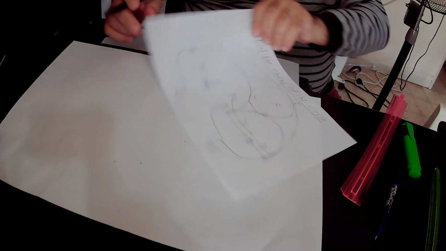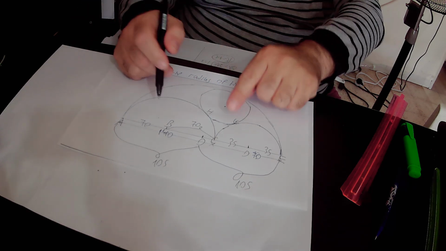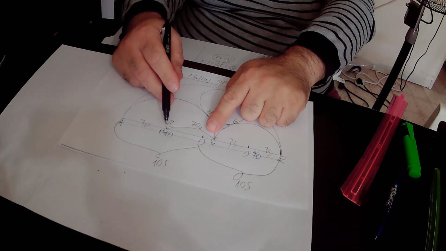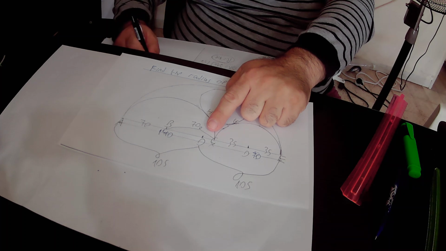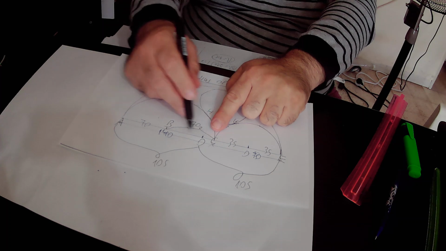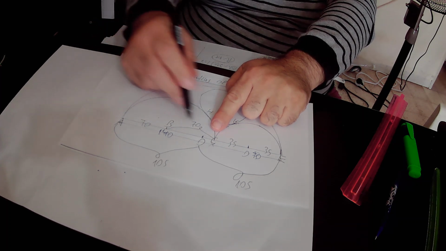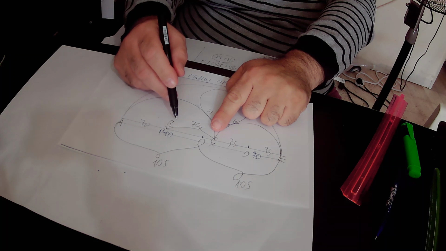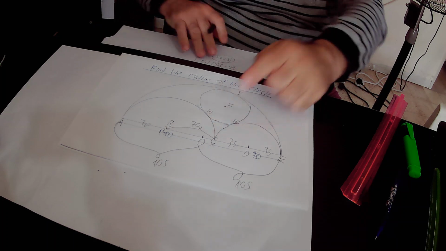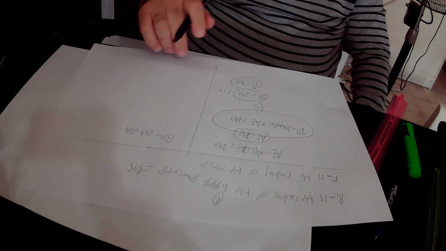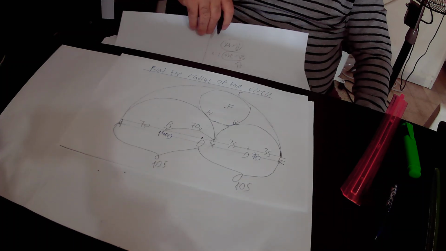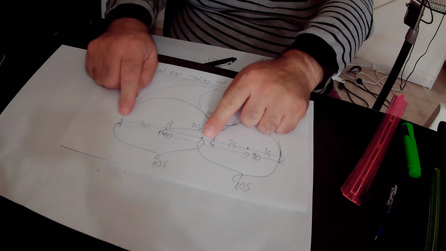What is the length of line segment BO? It is very easy to see that BO equals OA minus BA. Again, OA minus BA equals BO. So BO equals OA.